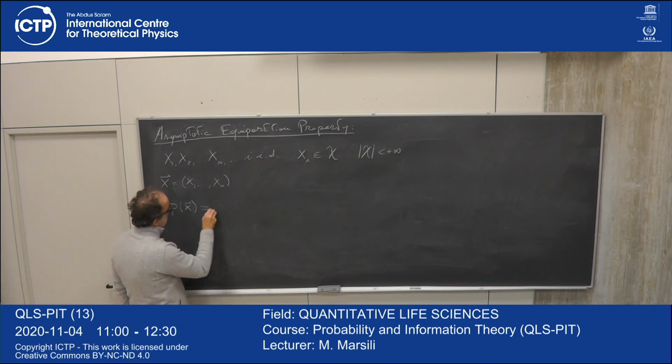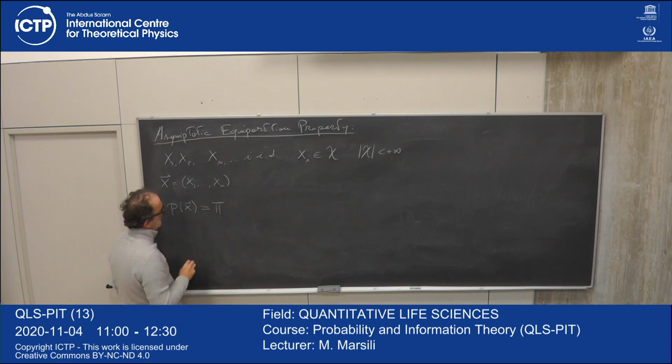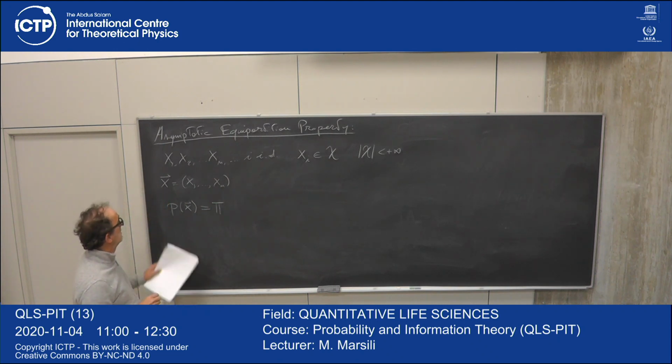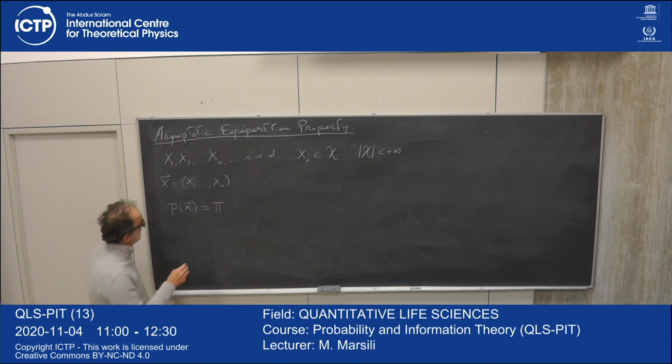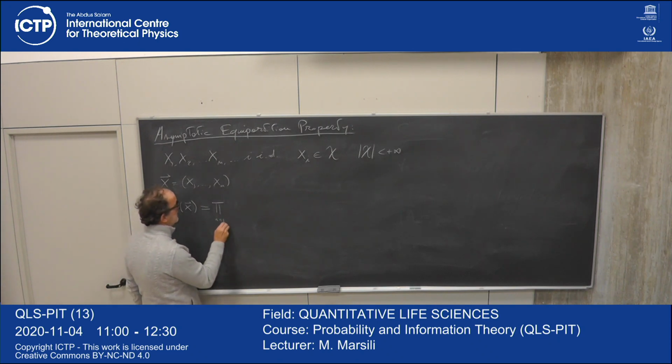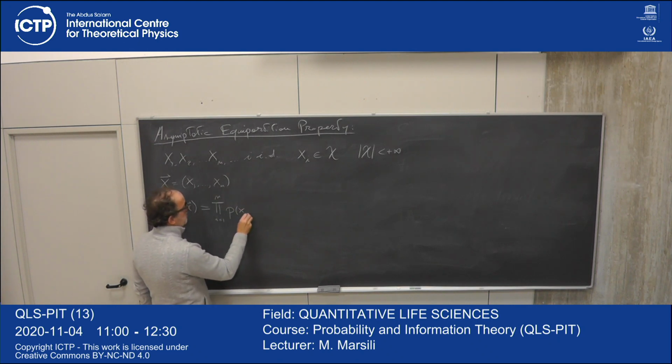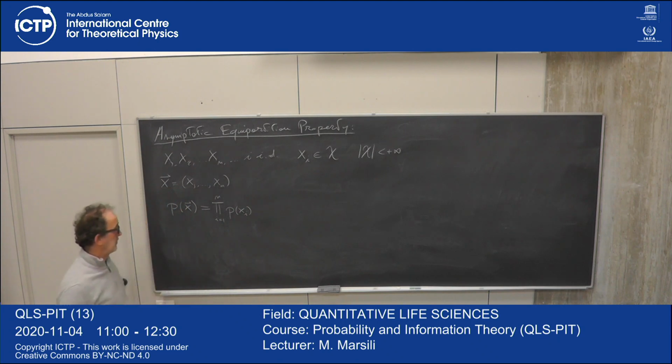So the probability of this sequence clearly, because the random variables are all independent and identically distributed, it's just the product of the probabilities. Okay.